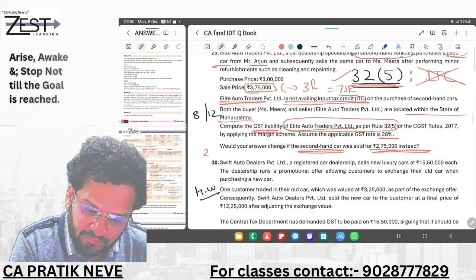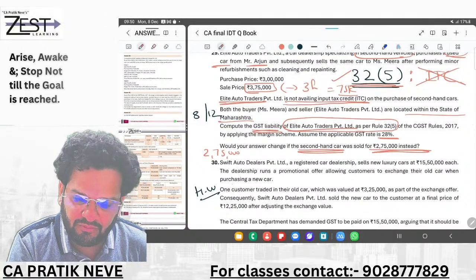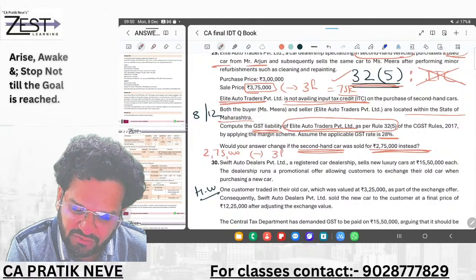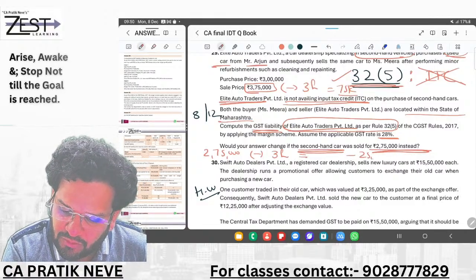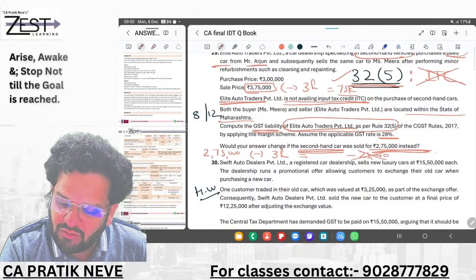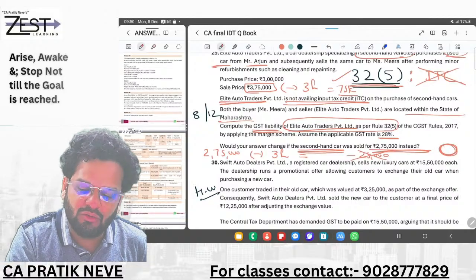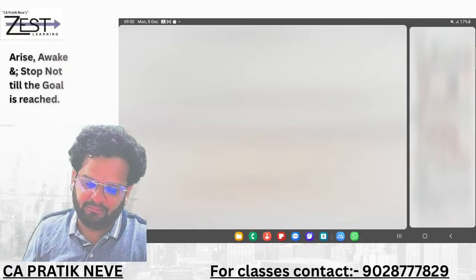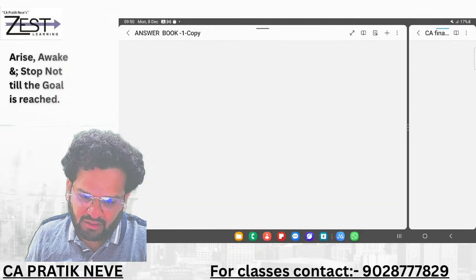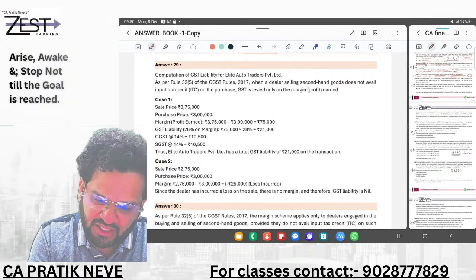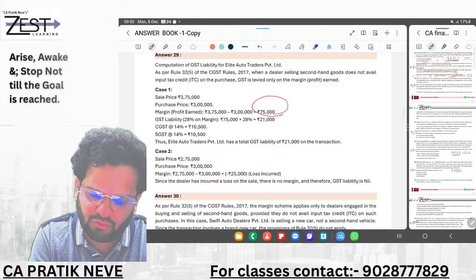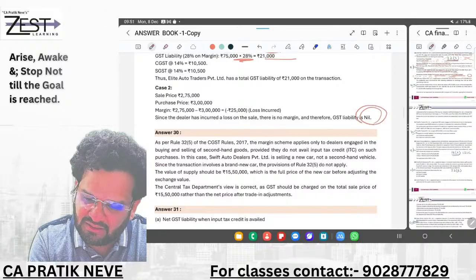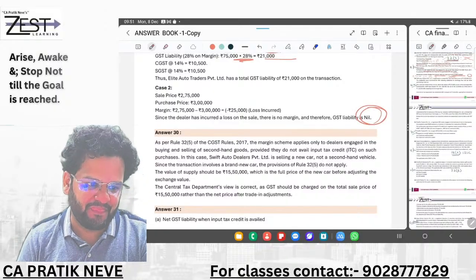So friends, if the sale was for 2,75,000 instead of 3,75,000, but purchase cost is 3 lakh, there is a negative value. Value cannot be negative. When value is negative, assessable value will be taken as nil. Clear? So in the first case the answer is 75,000, GST at 28% will be 21,000, and in the second case nil. Make sense?